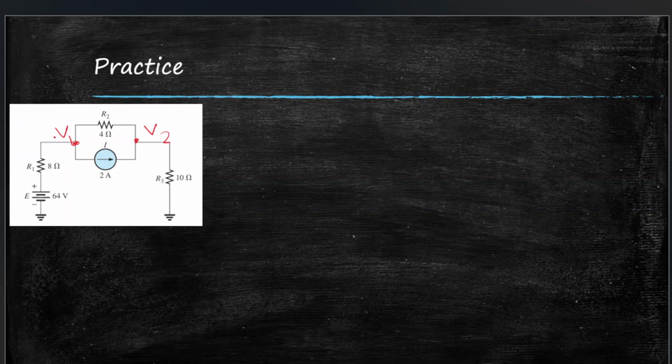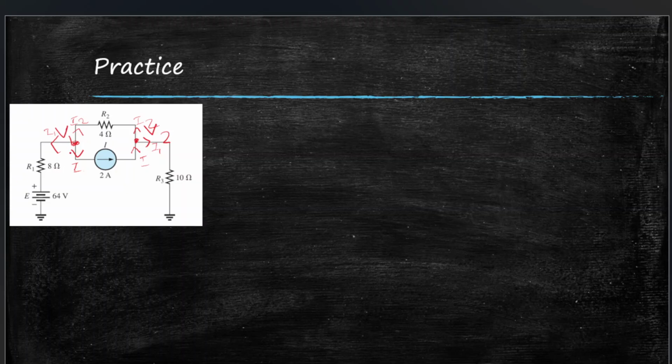Now for v1, current will exit here, and exit here. So this will be I1 and this will be I2. For v2, current will enter here, exit here, and exit here. This will be I, I1, and I2.